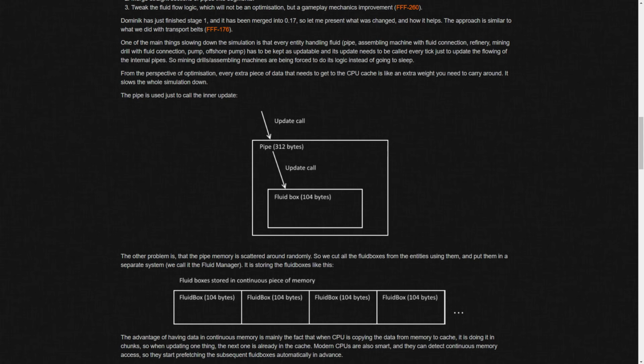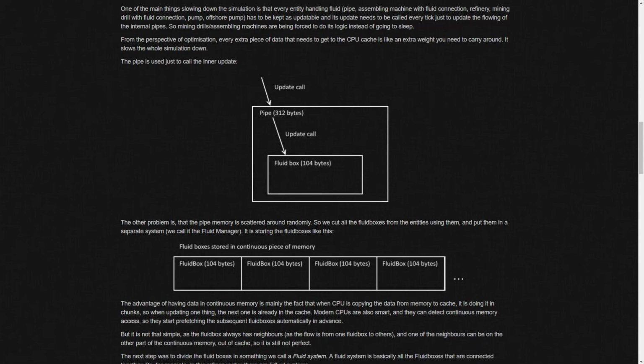And on top of that, modern CPUs are also smart, and they can detect continuous memory access, so they start pre-fetching the subsequent fluid boxes automatically in advance. Yeah, that's a huge thing. This is going to get kind of technical on my part, but when the CPU prefetches the next block of memory, it means that when the CPU actually gets to needing to touch that piece of memory, there is no cache miss.